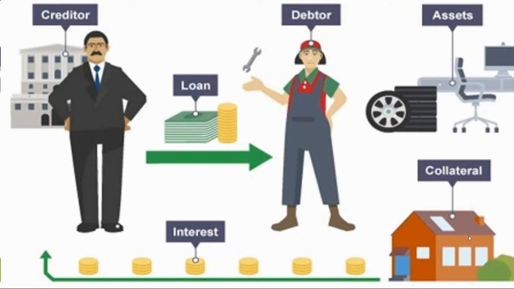The bank provides a loan to our mechanic. Let's say it's a mechanic. They repair cars, and what they need that money for is to buy equipment to fix, repair and maintain cars, but they also need office equipment. Now, for a loan to be given by a bank, we generally have to put up collateral.